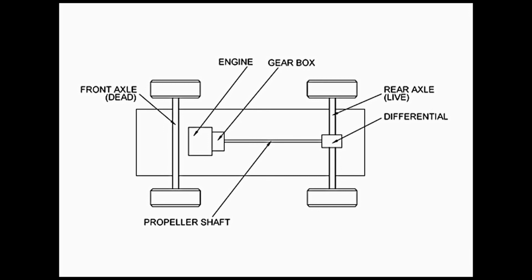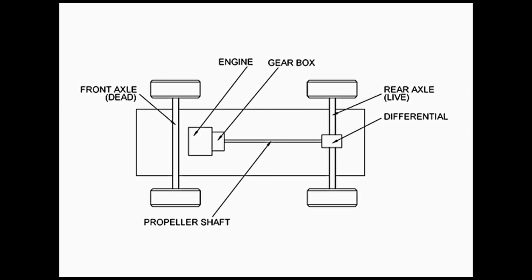Generally, the engine is mounted in the front part of the vehicle, and this shaft transfers motion from the gearbox, which is again in the front part of the vehicle, to the axle, which is known as the live axle, and to which the wheels are connected. So this is quite a significant component, and this can be very conveniently observed, particularly in the case of heavy vehicles.